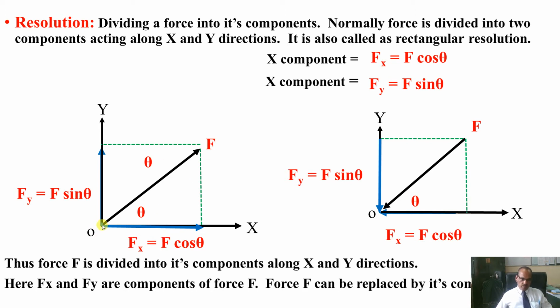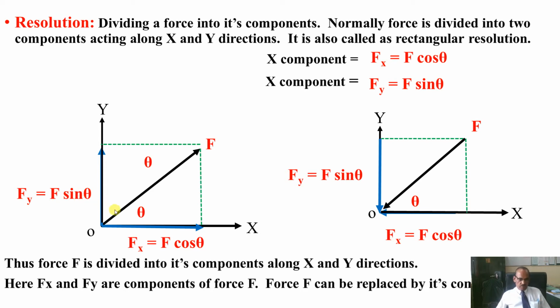You will find this force is acting away from origin, and that's why if I resolve this force into two components, the component along x-axis will be F cos theta, where theta is the angle made by this force with x-axis, and the y component will be Fy, which is F sin theta.